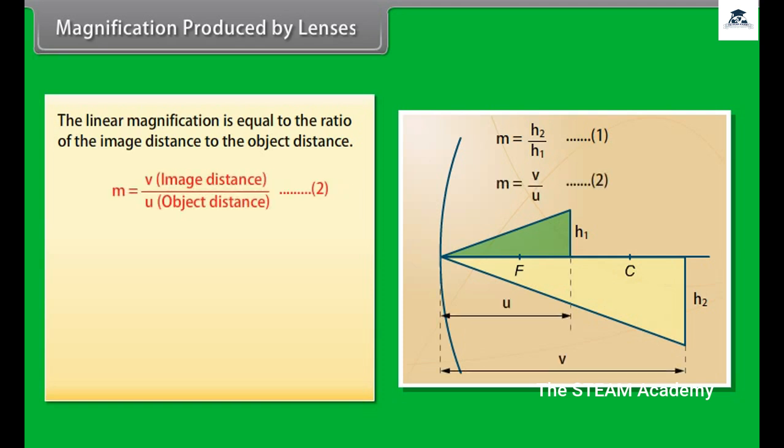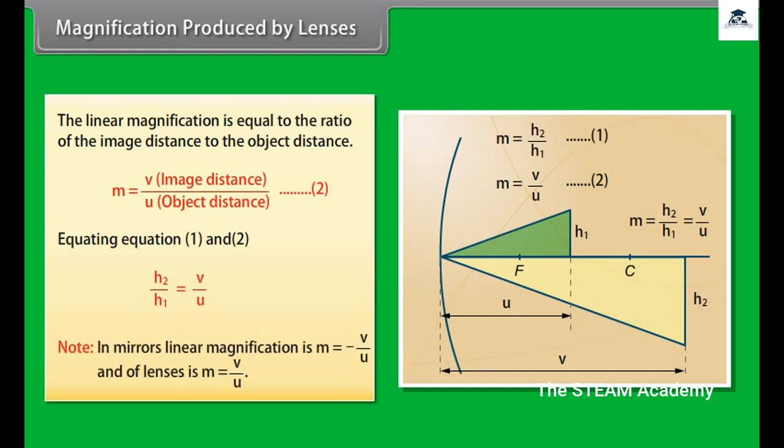M is equal to v, image distance, upon u, object distance, which is equation 2. Equating equation 1 and 2, h2 upon h1 is equal to v upon u. Note, in mirrors linear magnification is M equal to minus v upon u, and of lenses is M equal to v upon u.